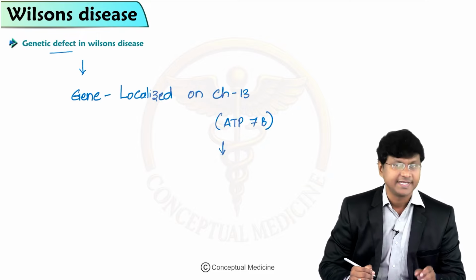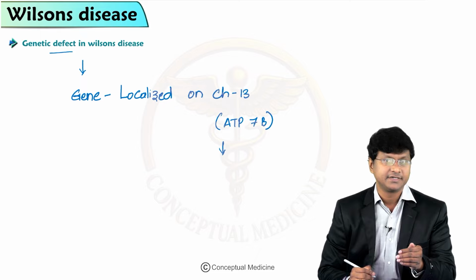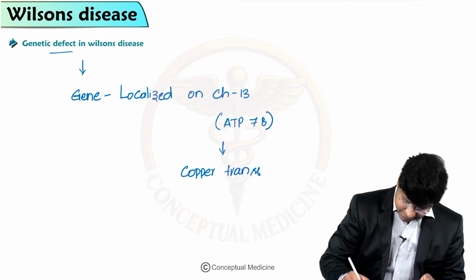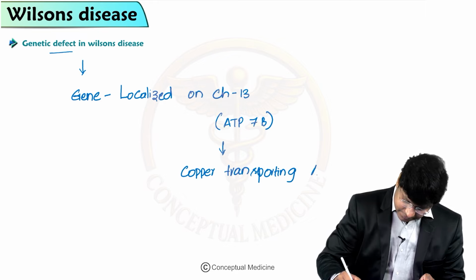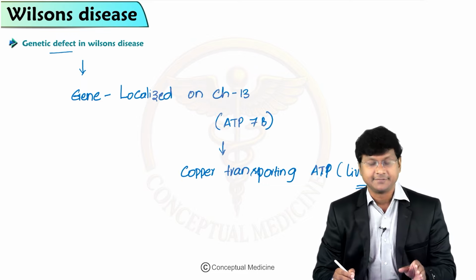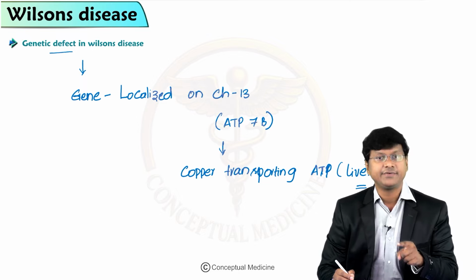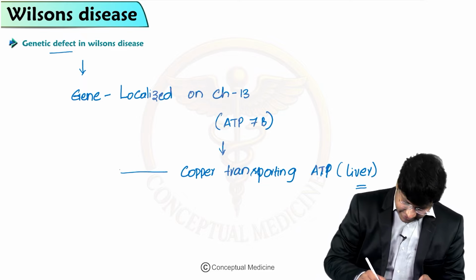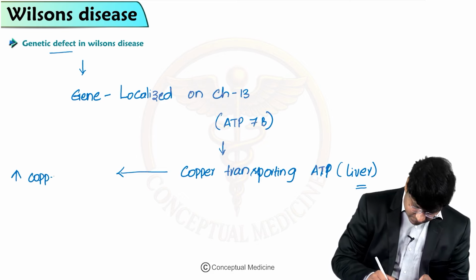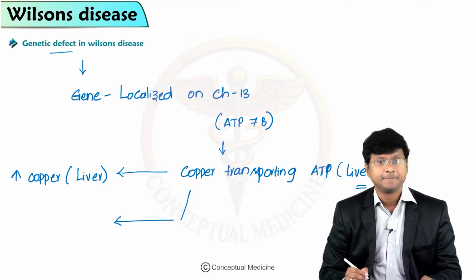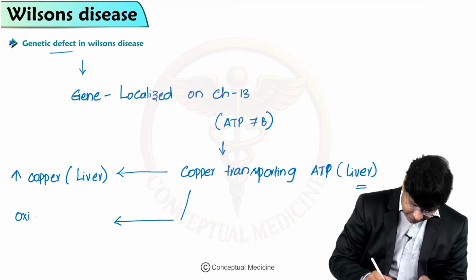Because of this gene mutation, the copper transporting ATP in the liver gets affected, and because of this there will be excessive copper accumulation in the liver and oxidative damage to hepatic mitochondria.